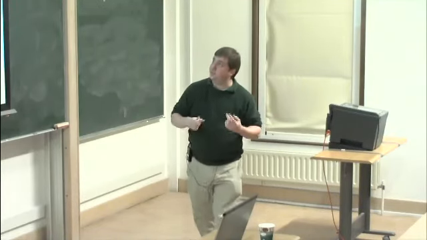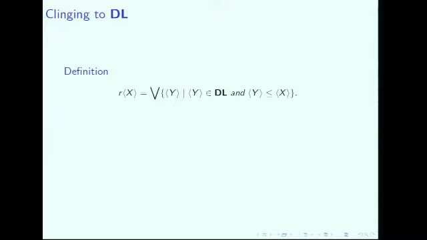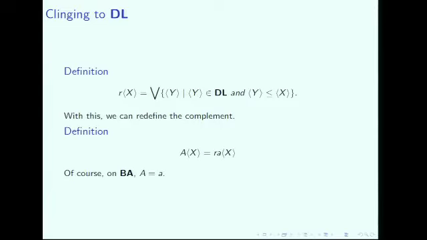So, definition: the retract of x will just be the join of all the things in DL that are less than x. And that gives us the retraction from B to DL, and then we can redefine the complement, capital A of x, to now be the retract of A of x. So of course on BA this is just the same complement, but on other things it might be different.